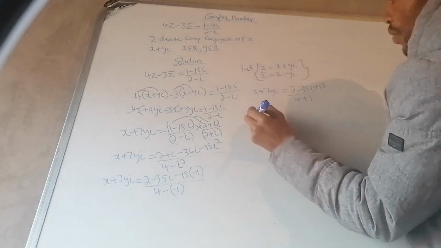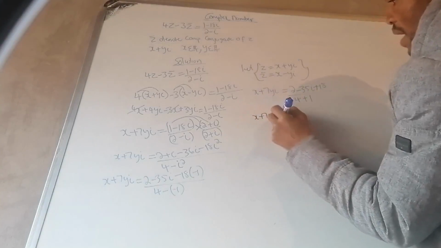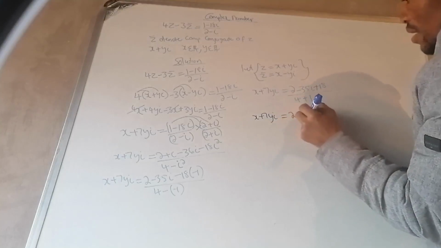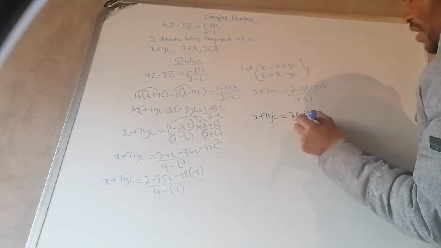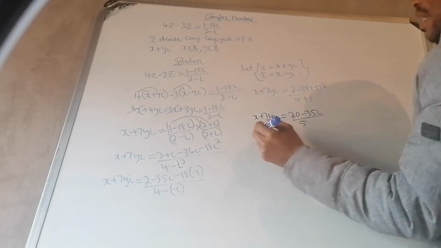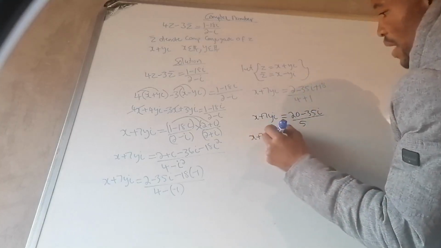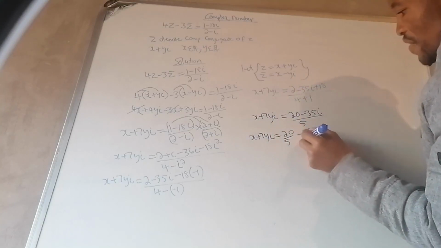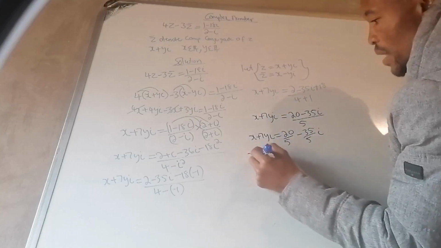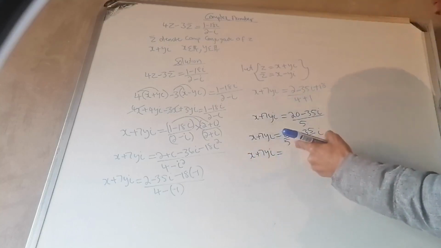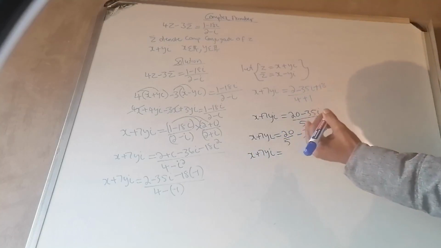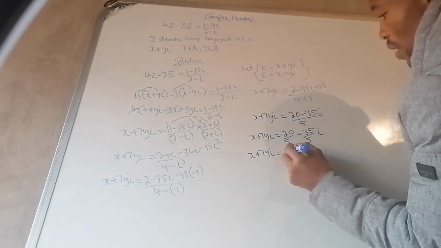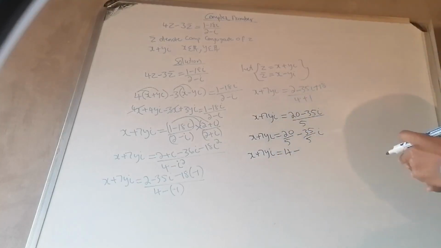So we have x plus 7yi equals 2 plus 18, that will be 20, minus 35i, divided by 5. And 5 can divide into this: x plus 7yi equals 20 over 5 minus 35 over 5 i. So 20 over 5 is 4, and 35 over 5 is 7, giving 4 minus 7i.